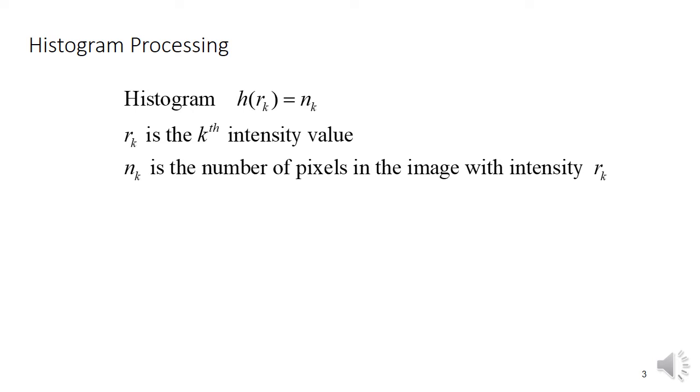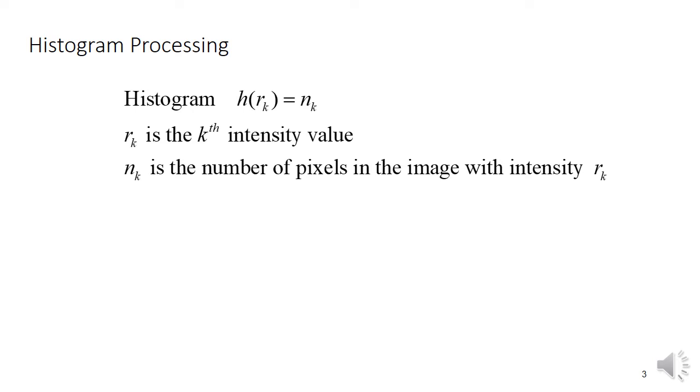We have a general formula for making a histogram, which is h of rk equals nk. Here rk is the kth intensity value. Rk is an intensity value which is randomly selected, and this intensity value is of the pixel at the kth point, or you can say that this k is actually the index of that pixel.